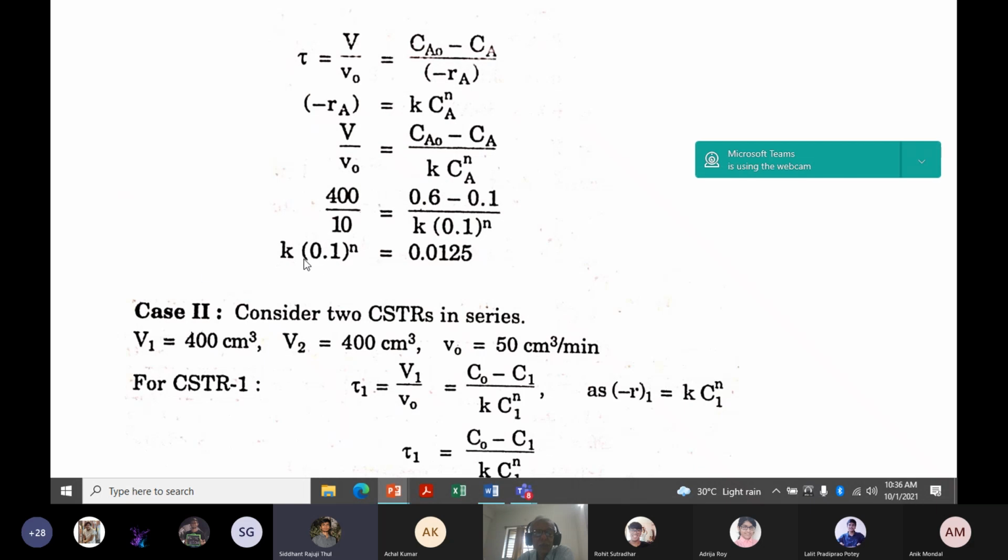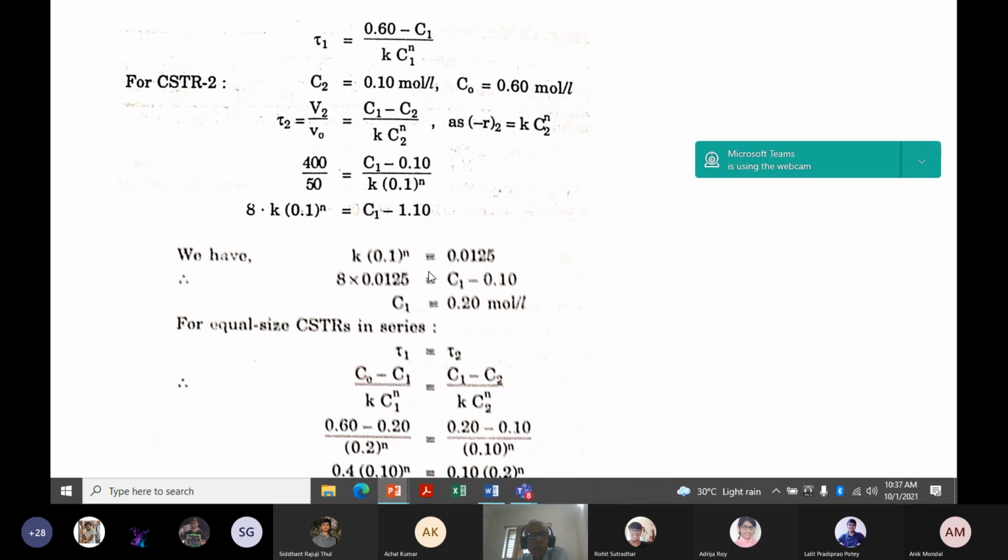For the first reactor we got K times 0.1 to the power n as 0.0125. This you substitute into the second reactor mole balance. I have substituted 8 into 0.1 is equal to C1 minus 0.1. So the intermediate concentration is 0.2.